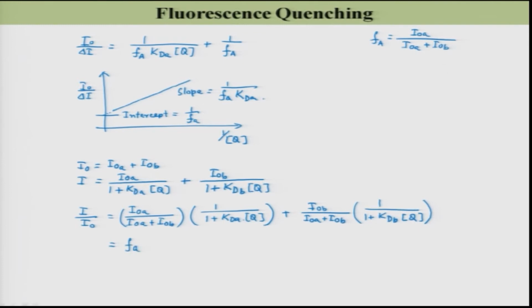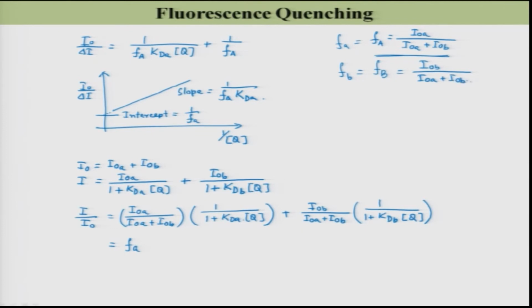FB is the same thing, I0B divided by I0A plus I0B.